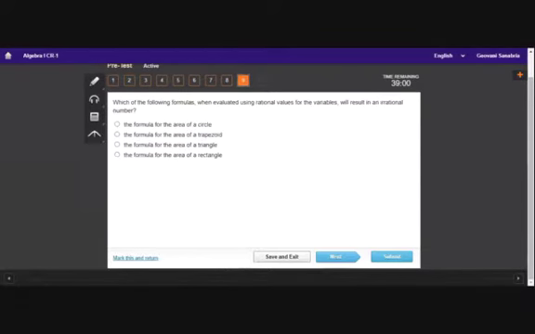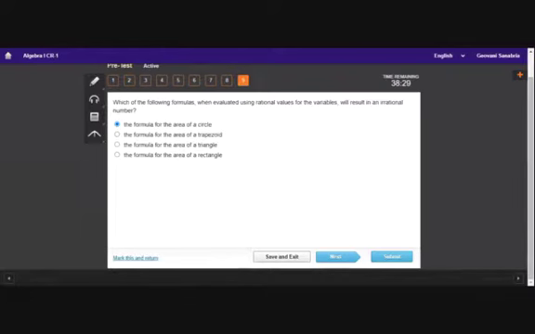This one's a silly one. So it's going to be the formula for the area of a circle, because the formula for area for a circle, this is actually, I think, good to write down. I think we talked about it once, but the area of a circle, A, equals pi times r squared, and the pi is irrational.